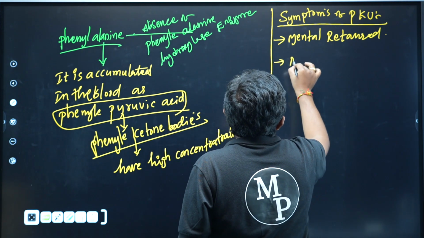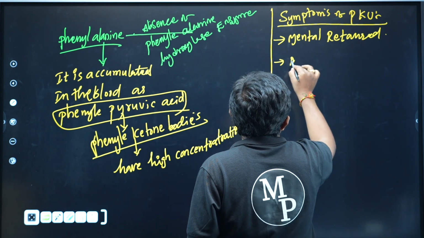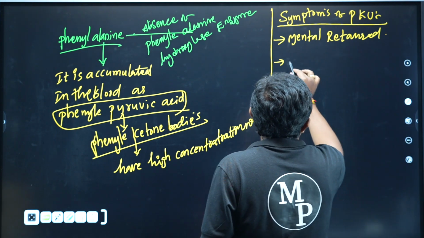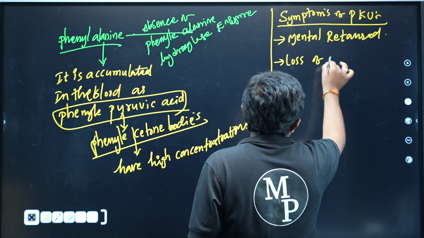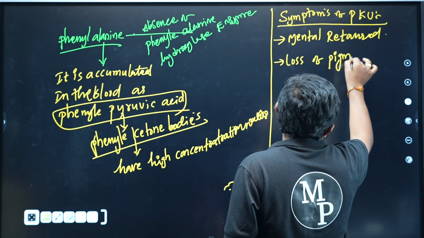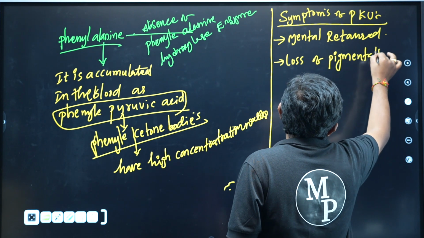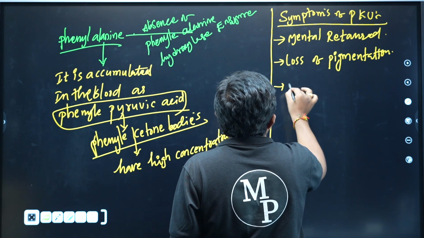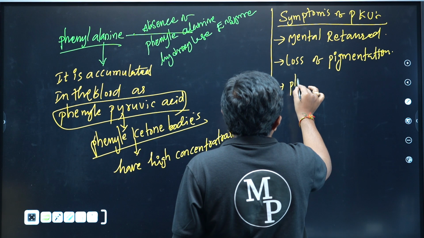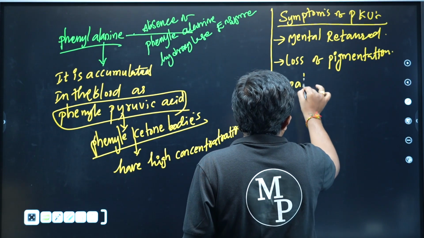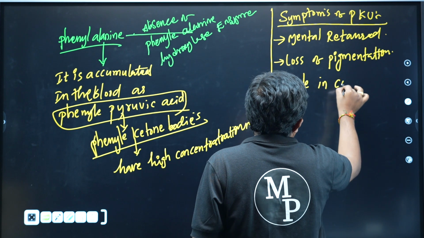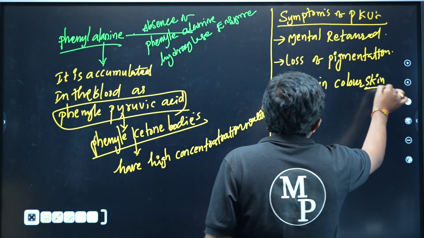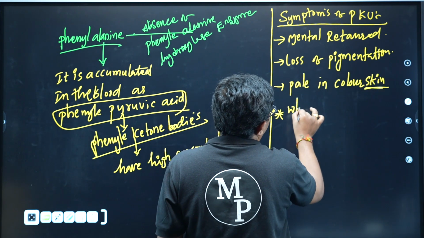Next, loss of pigmentation. Then pale color of skin, and also white hair.